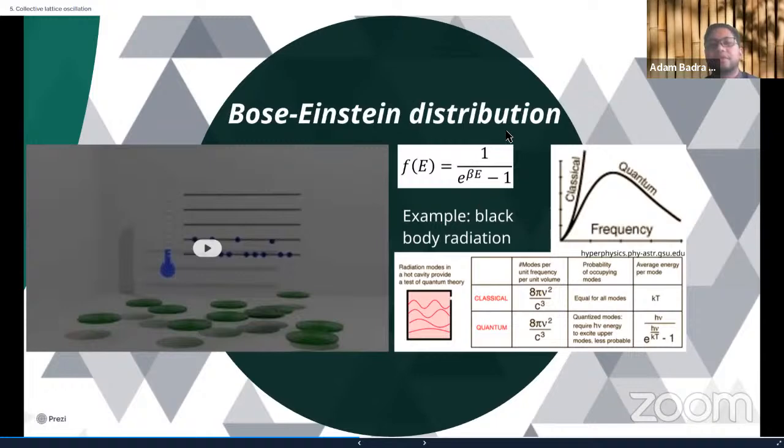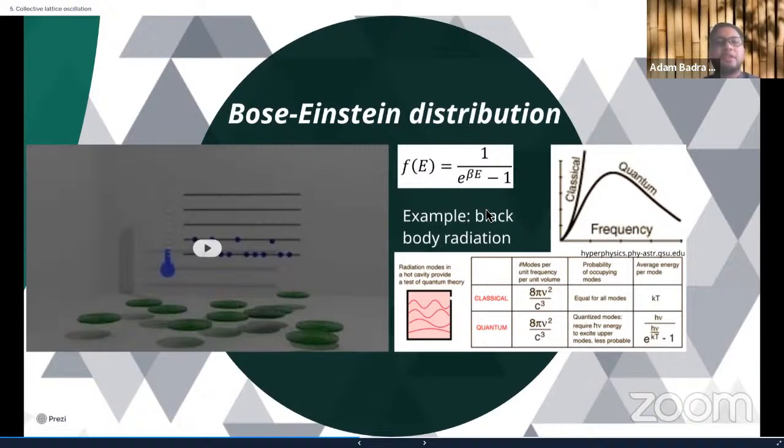In fact, this distribution is the one that is observed in black body radiation. If you remember what you studied in quantum mechanics, black body radiation is among the important phenomena that became the background of why people needed to develop quantum physics.